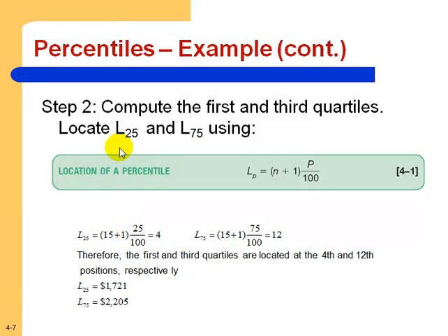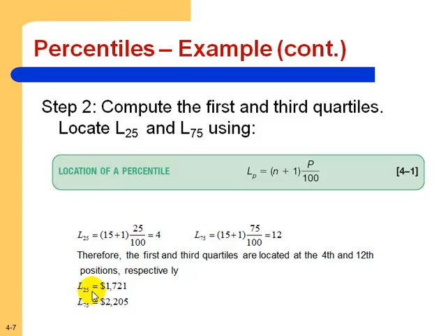Bringing the first one into the formula, we get L25 equal to, there are 15 observations, 15 plus 1 times 25 over 100. We get a number, 4. And for L sub 75 equal to 15 plus 1 times 75 over 100, we get 12. That means the first and the third quartile are located at the 4th and 12th position respectively.